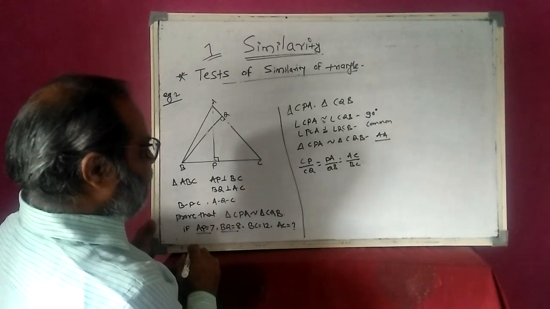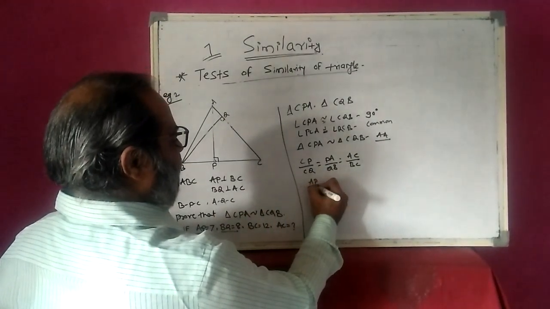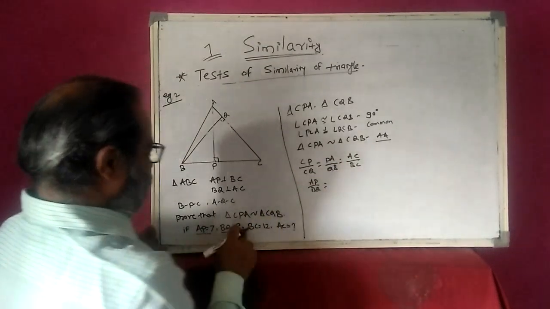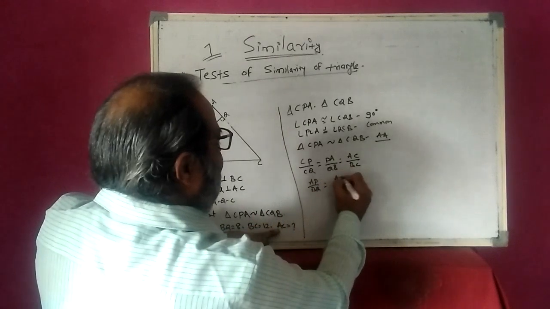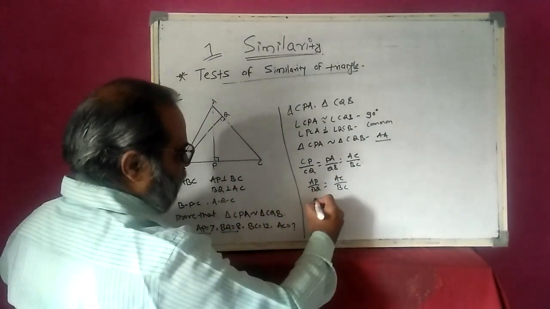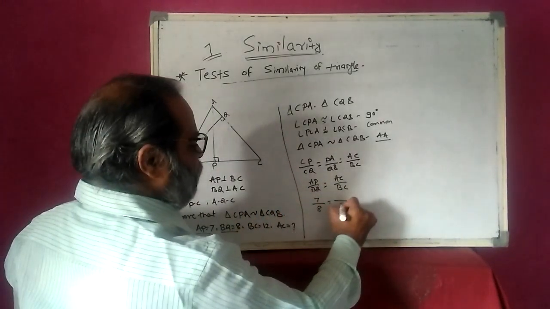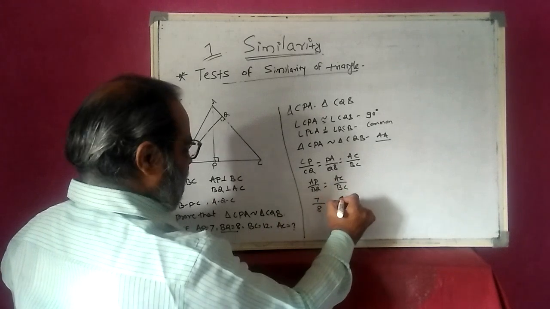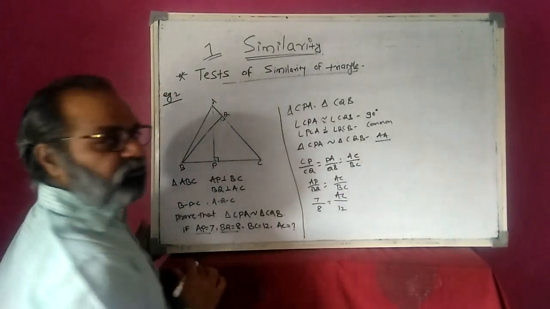So AP divided by BQ is equal to what we want to find, AC divided by BC. AP is equal to 7, BQ is equal to 8, and BC is given, that is 12. You just find AC.